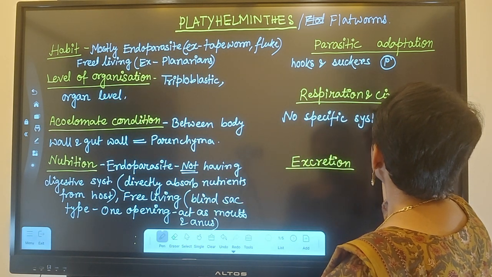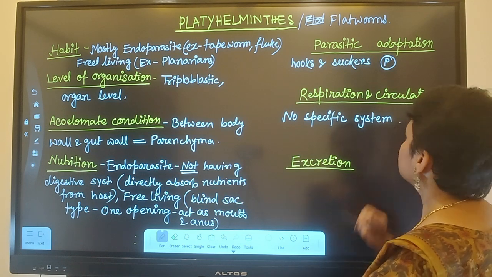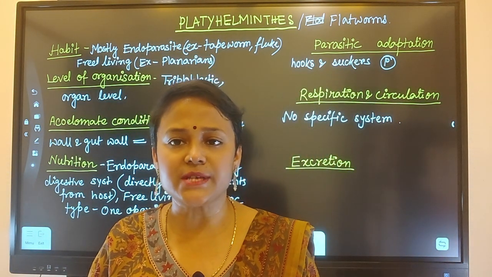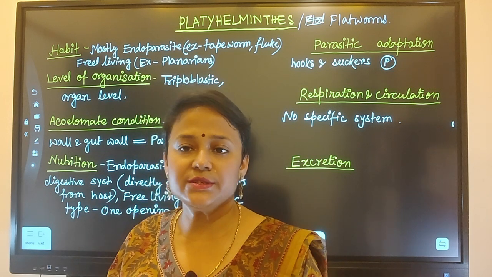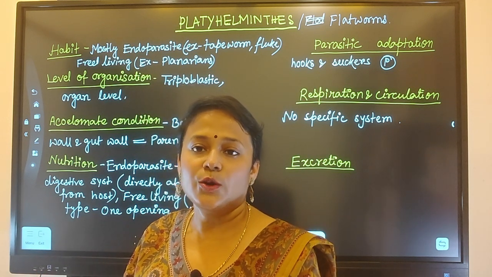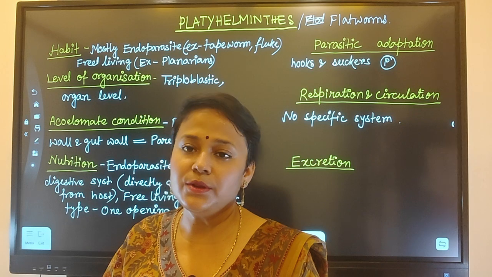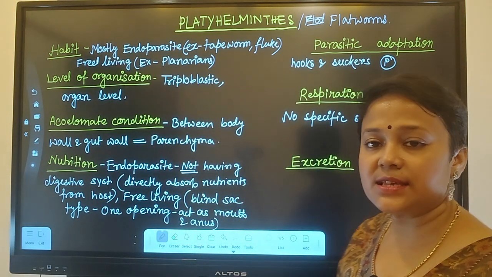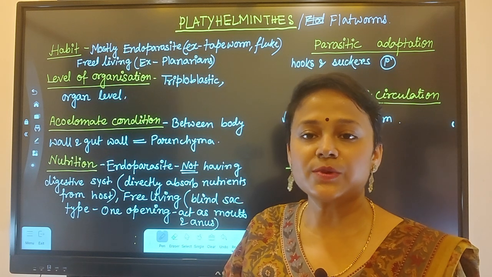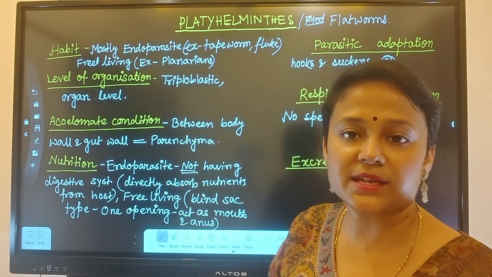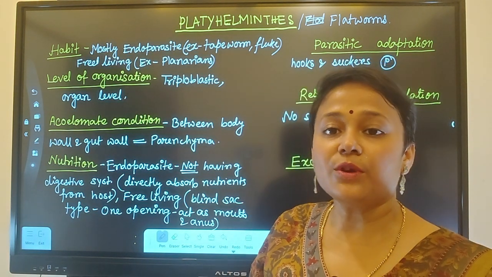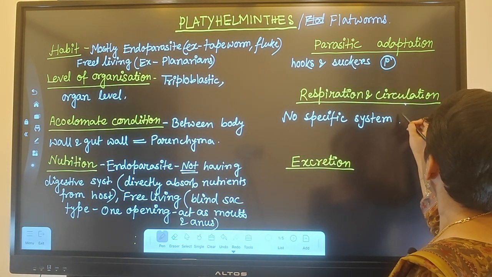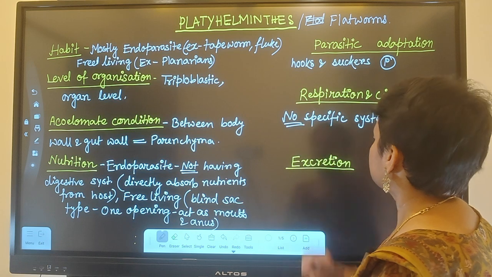As their body is flat and very thin, there is no requirement of circulation. The oxygen present in the host will be available to all cells of their body. Same for respiration: oxygen and nutrients, whatever is required, they take directly from the host. They don't require that kind of systems.